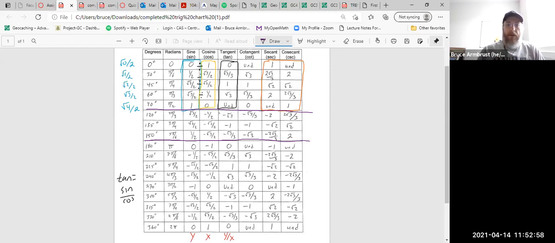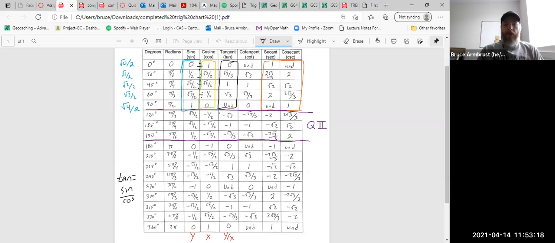Now, notice that all of these angles are in quadrant 2. Remember your quadrants. Quadrant 2 are the angles that are bigger than 90 degrees and less than 180. So that's these guys.